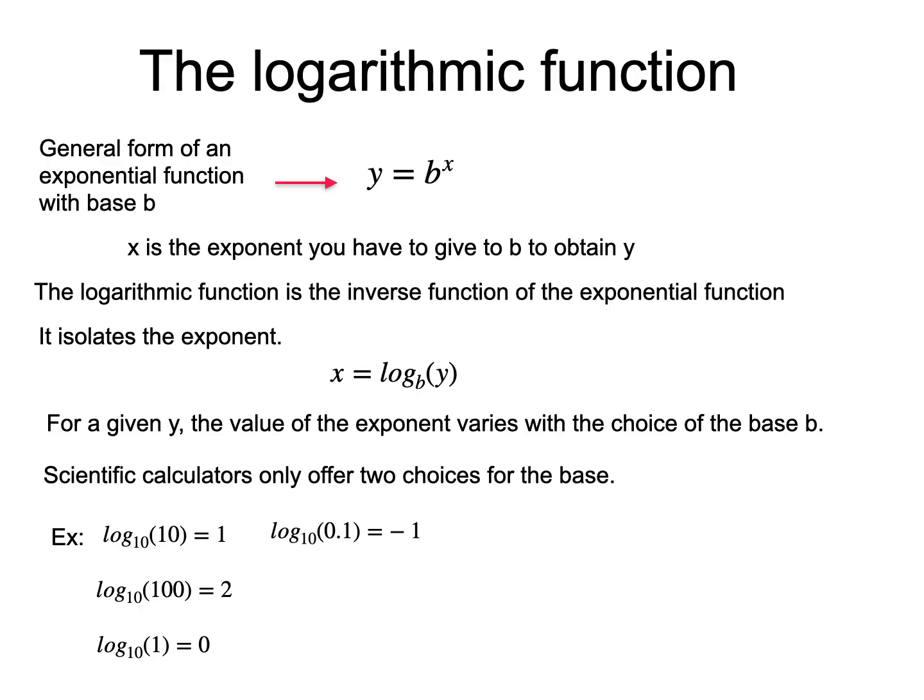More importantly, the calculator can evaluate the log base 10 of numbers that lead to exponents that are not integers. For example, the log base 10 of 50 gives 1.70 with 3 significant digits, a number that is between 1 and 2.